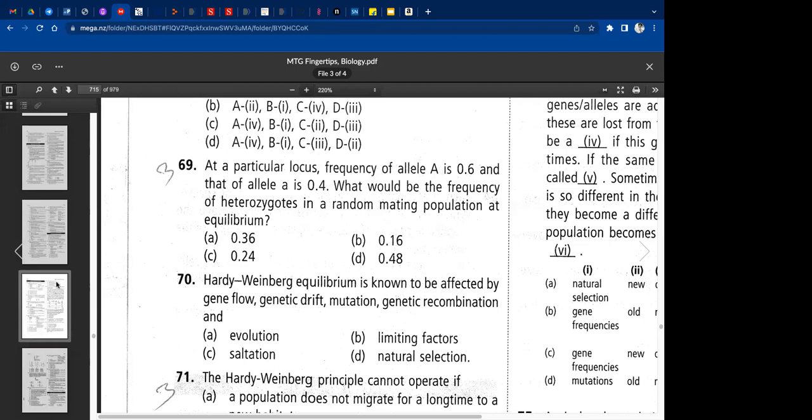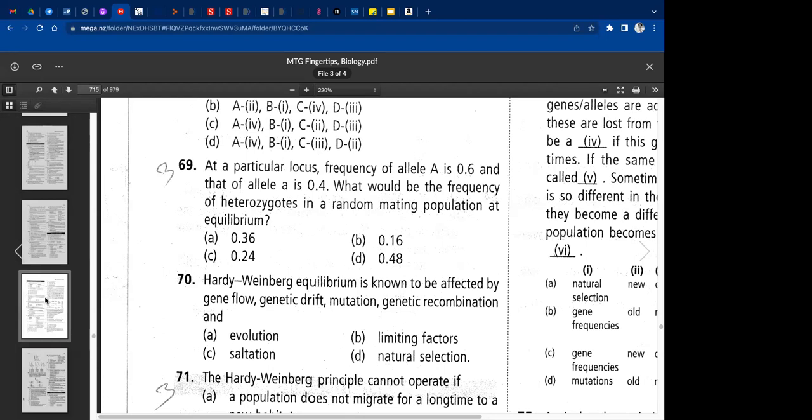That's a correct answer. Good, correct, Fatima.